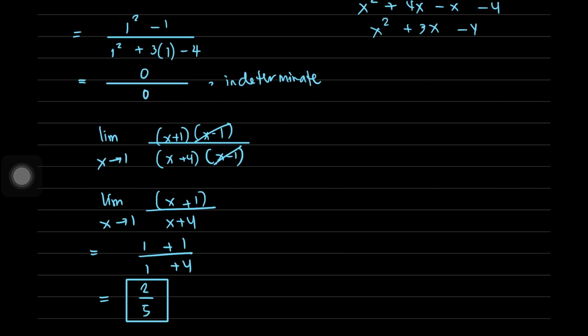So if you have the limit of x plus 1 over x minus 1, for example, you do not cancel out x here, because these are not common factors of both the numerator and the denominator. So this is incorrect. This is one common error of students when it comes to manipulating or transforming algebraic functions.